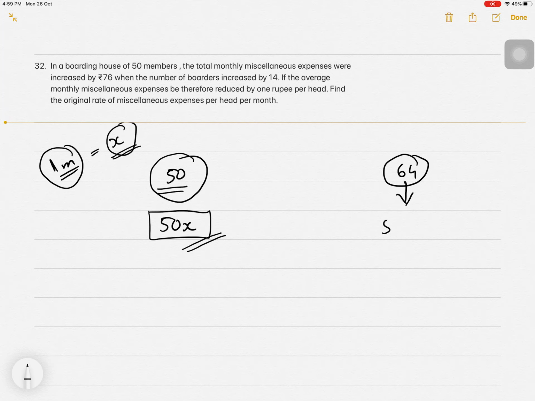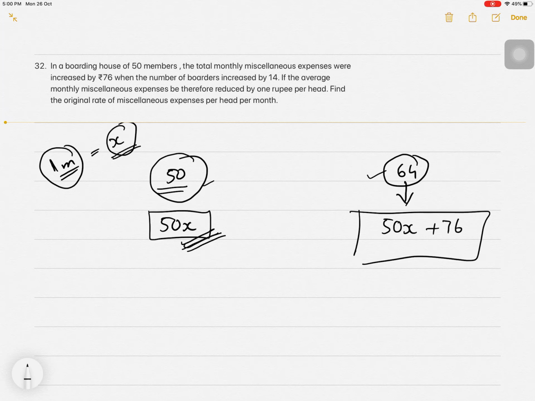Now when there are 64 members, the expense became 50x plus 76.